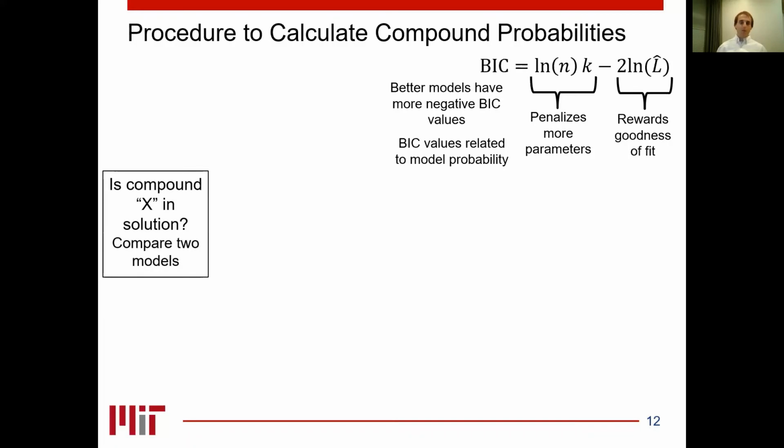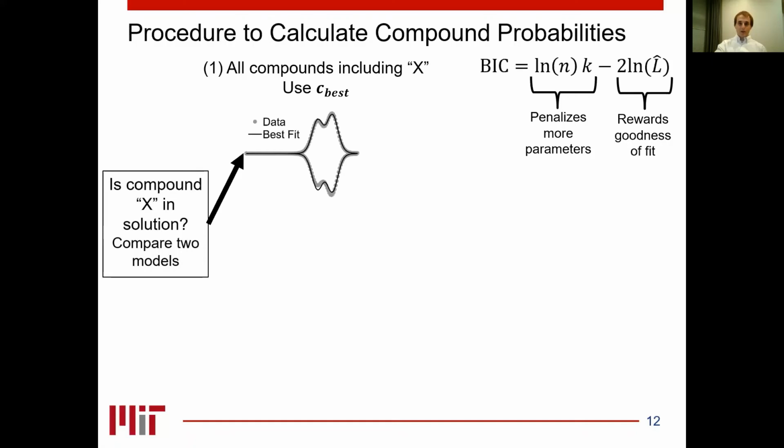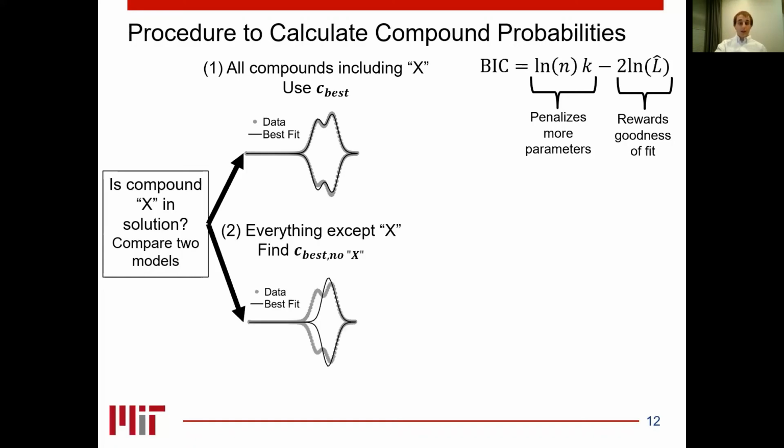So now, revisiting the two models, the two models considered is first, all compounds in the library are included, including the compound under consideration. The fit for this model has already been conducted. It's the vector of best fit concentrations. The second model is where all the compounds in the library except compound X are fitted. And so this fitting procedure must be conducted again to yield a vector of best fit concentrations, not including a compound of interest.